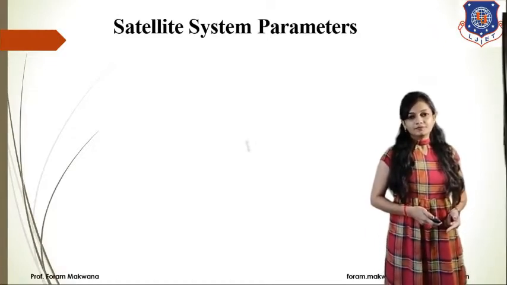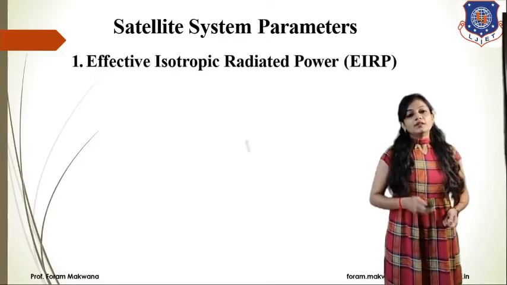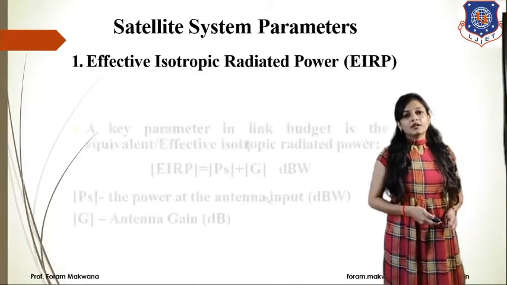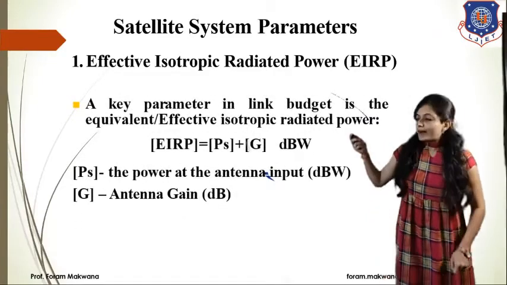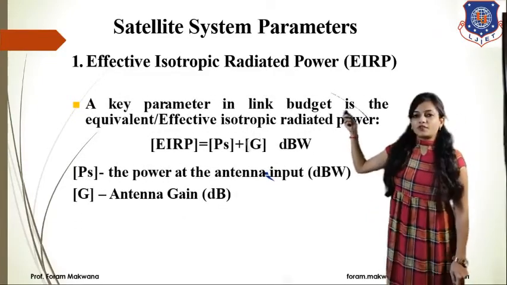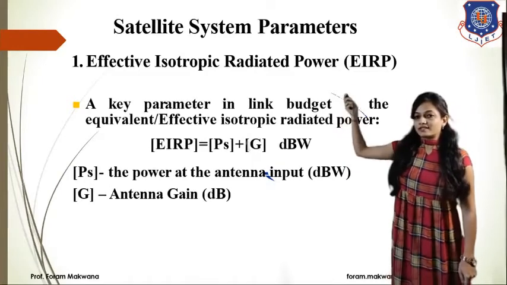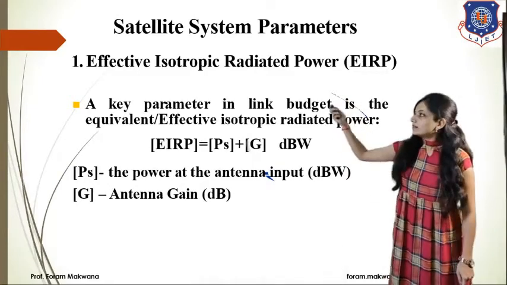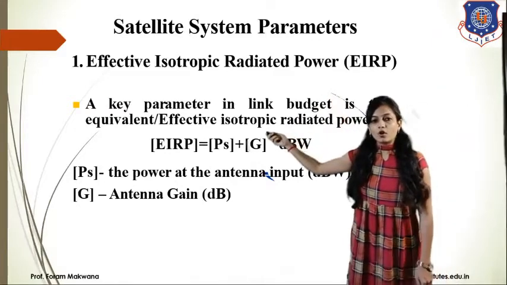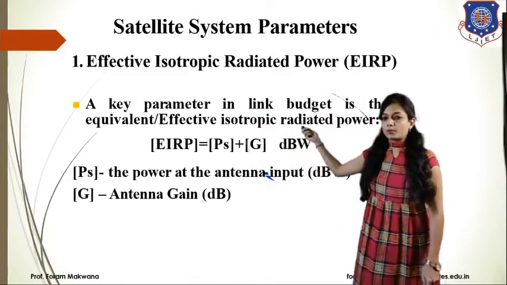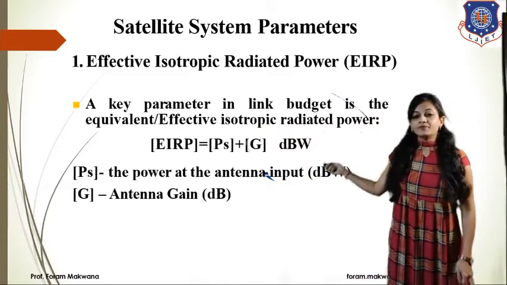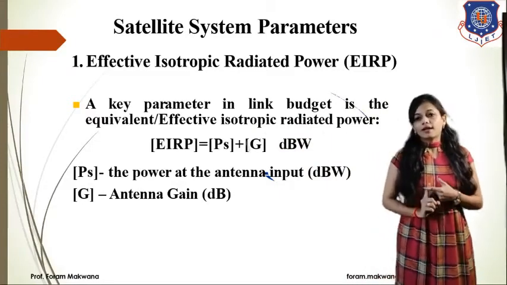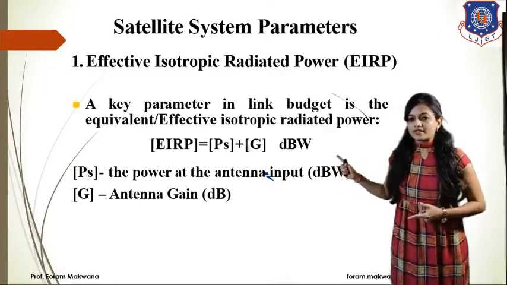So, effective isotropic radiated power is a key parameter for the link budget design, and it is also known as either equivalent or effective isotropic radiated power, right? As we know, it is a product of transmitted power and the gain of transmitting antenna.